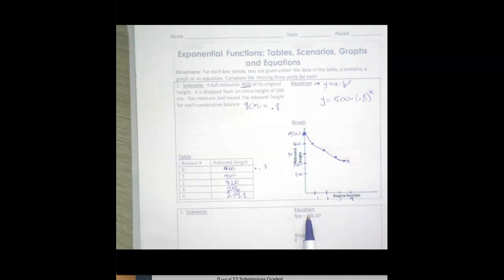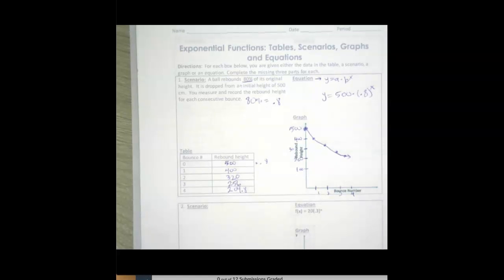Okay, let me say that again. Remember, it's y equals a times b to the x power, where a is your initial value. So 20 is your initial value. In the table, that goes with 0.